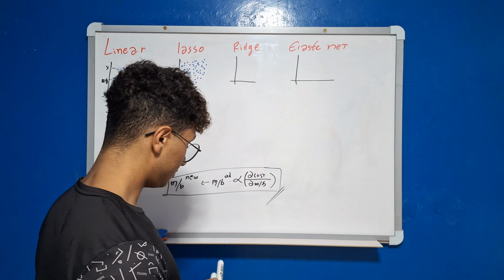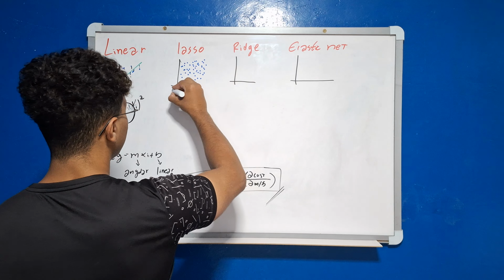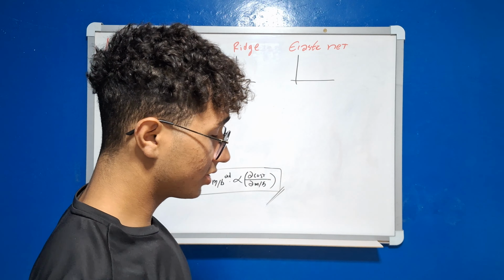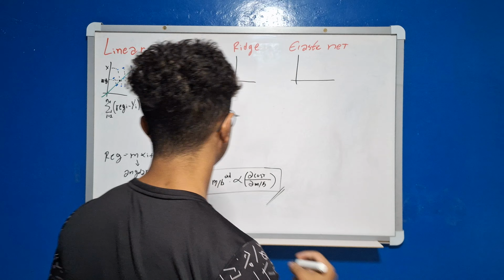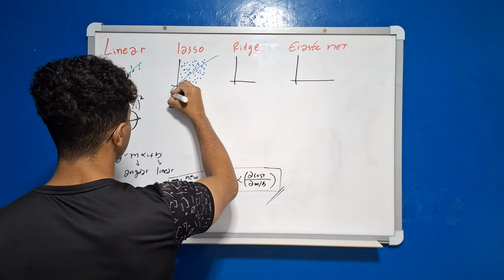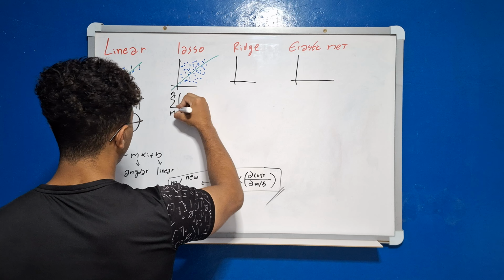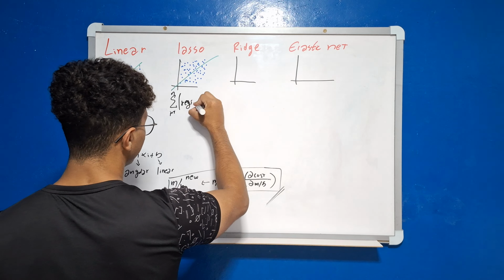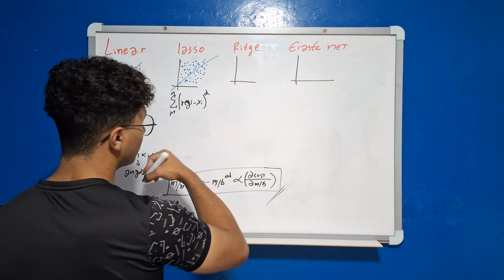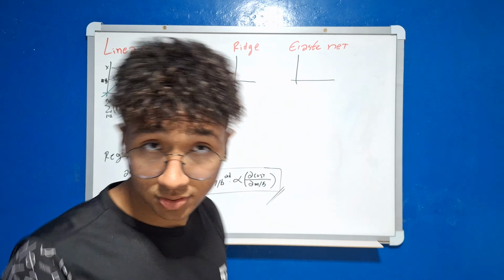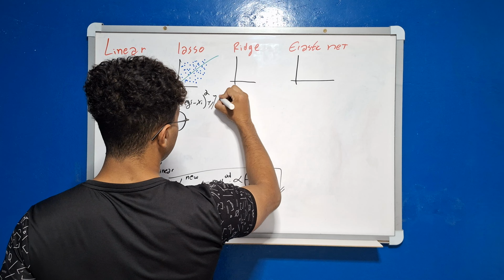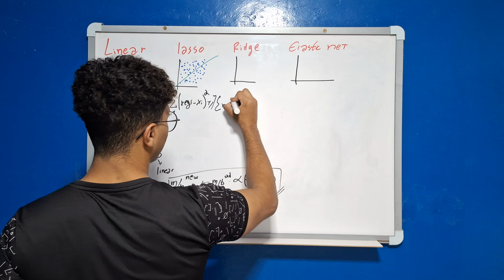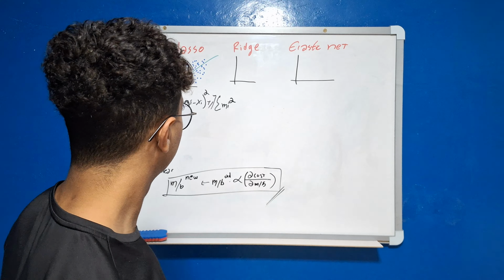We have the line here, and to solve it, we take the lambda. We have here the prediction minus yi, the same formula of the cost, plus the lambda with the quadratic coefficients.